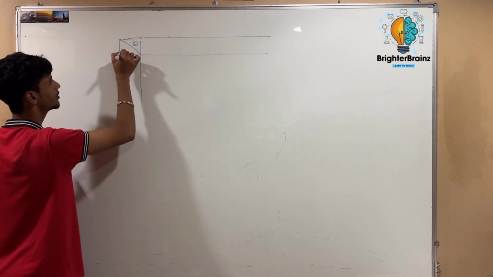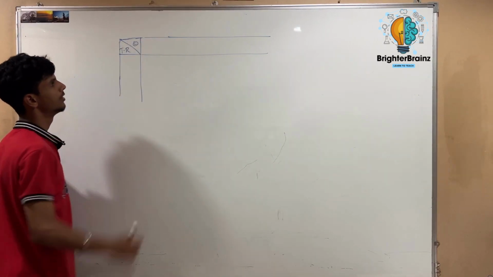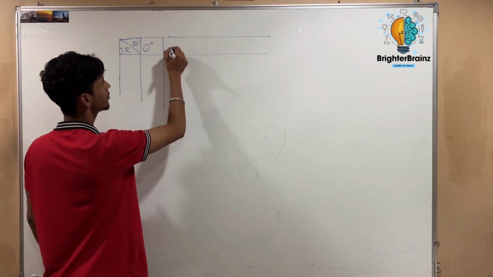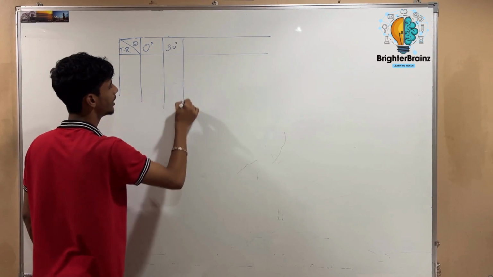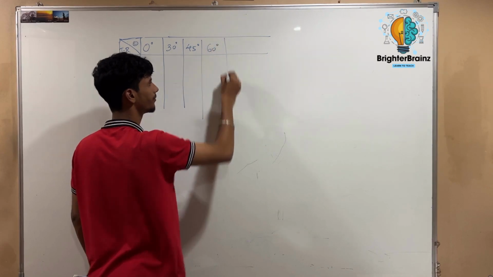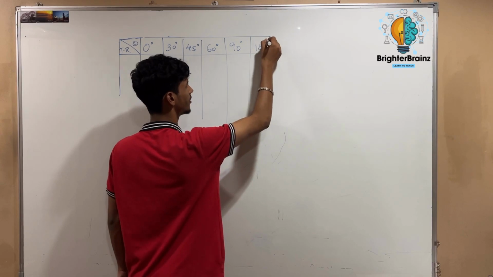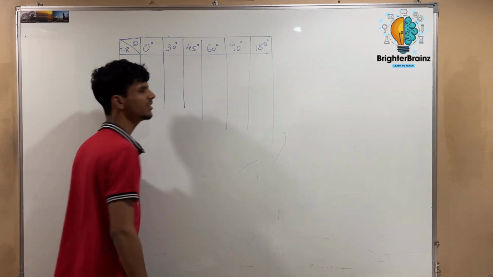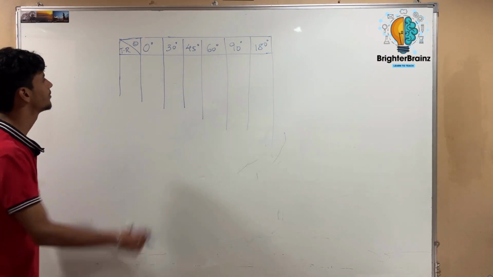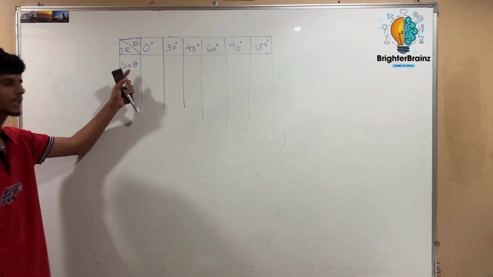In this column we are going to place the trigonometric ratios. First 0 degrees, the minimum, and next 30 degrees, 45 degrees, 60 degrees, 90 degrees, and 180 degrees. This is enough. 180 we won't use much; till 90, if you remember, it is more than enough to solve the problems. First we are going to discuss the values of sine theta.